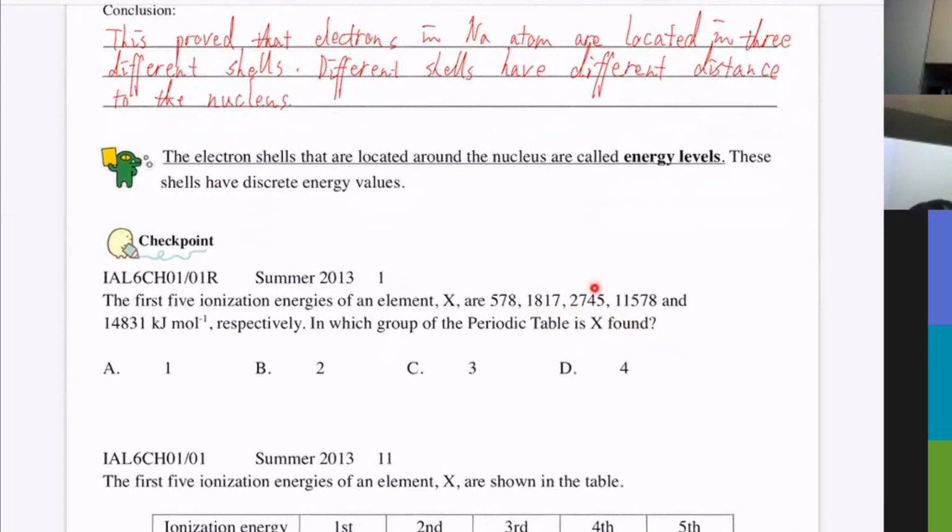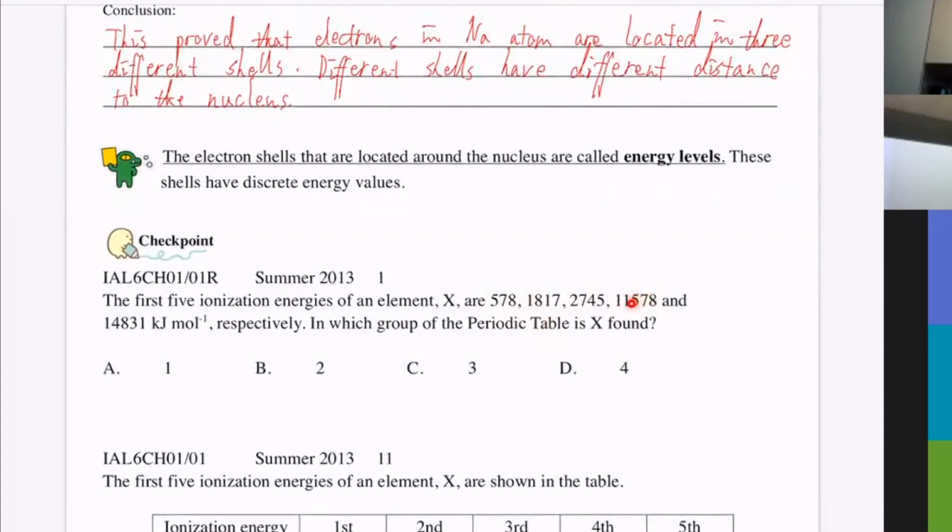But you can clearly see the difference between the 3rd number and the 4th number, isn't it? It jumped from 2,000 something to 12,000 something. A big difference between these 2. So we can say that for these 3 numbers, we are removing the electrons from the same electron shell.